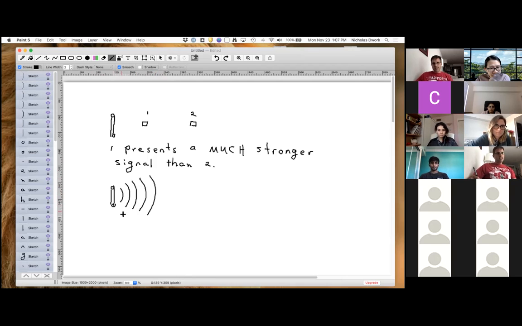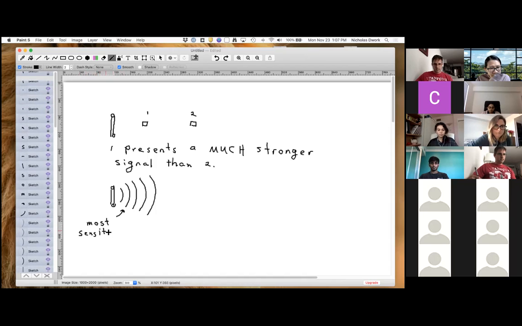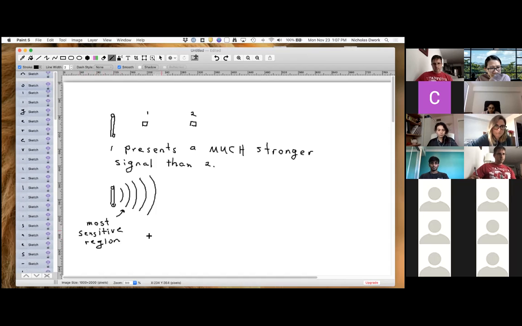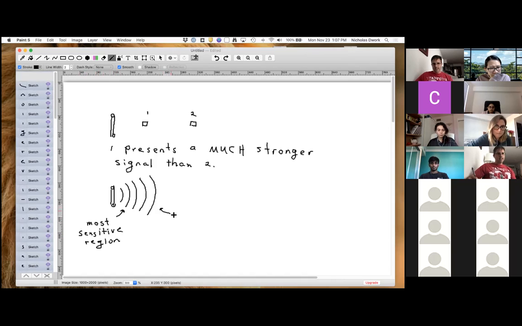Same thing, right? This is the most sensitive region. And this is less sensitive.